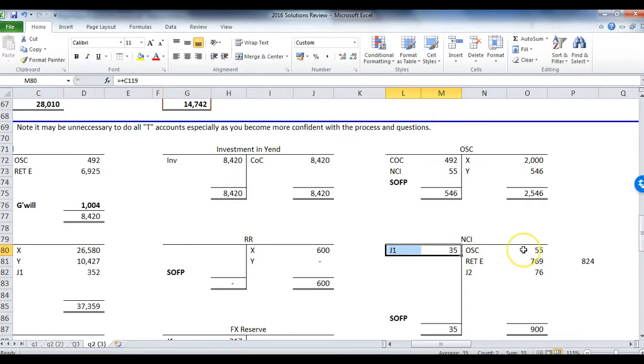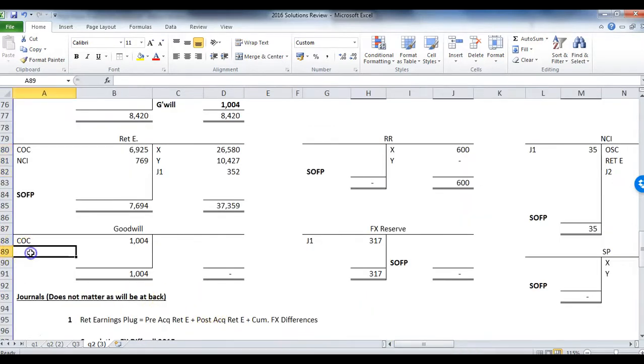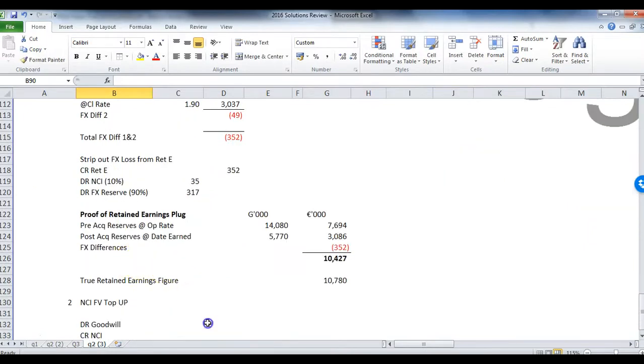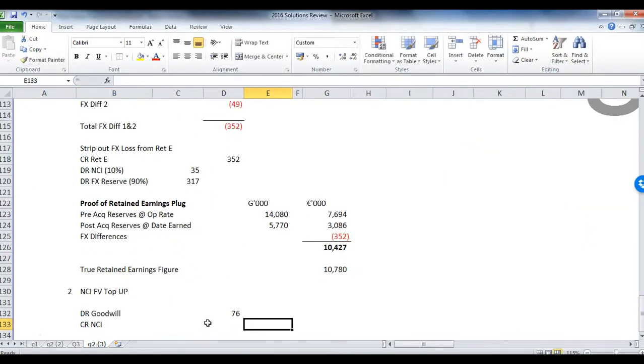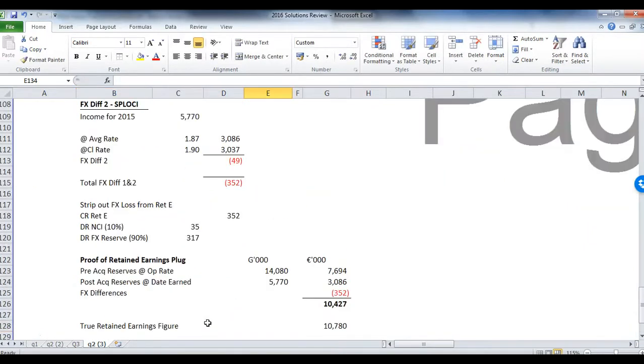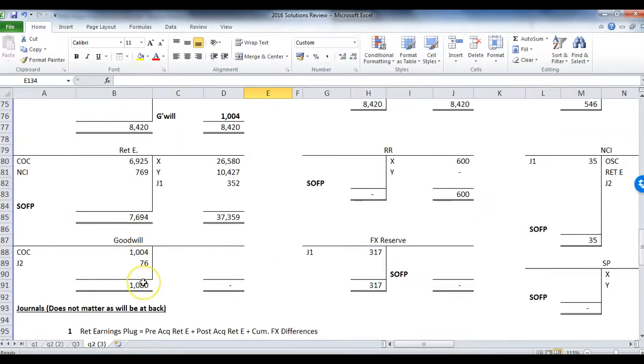That's an ongoing issue. This is at the date of acquisition. It's now valued at 900, which is its fair value. So journal 2, 76, meaning debit goodwill 76, credit NCI 76. So the total goodwill now is 1,080,000 at the date of acquisition using the historic rate.